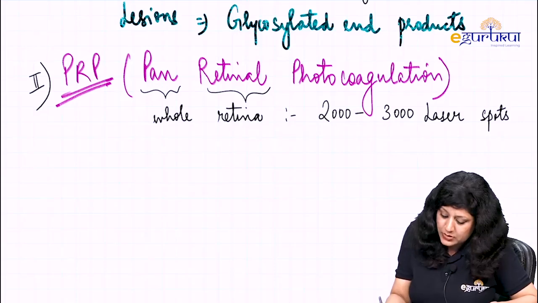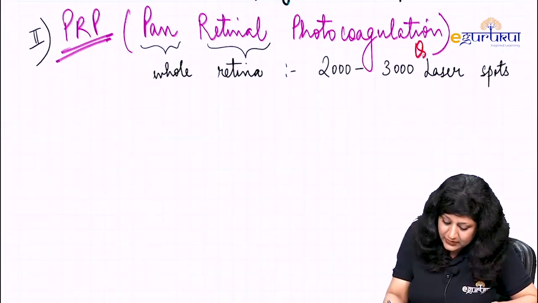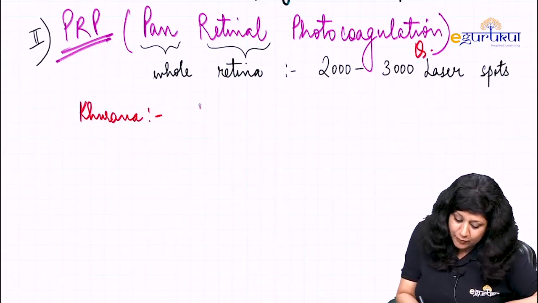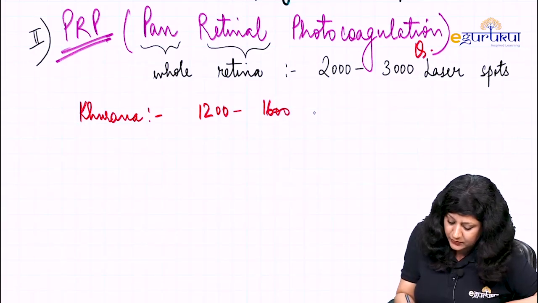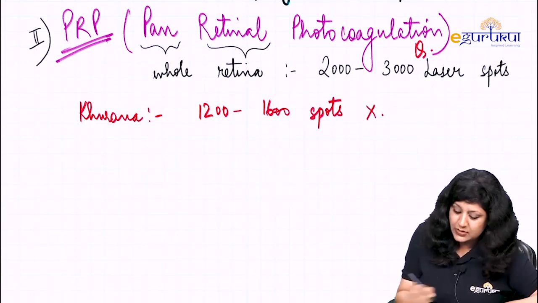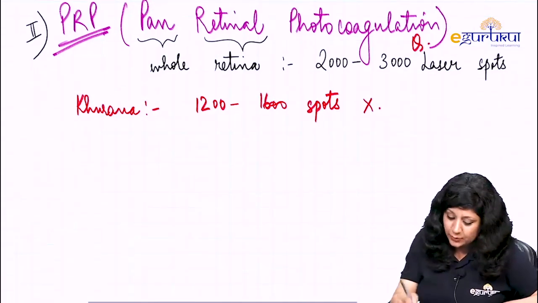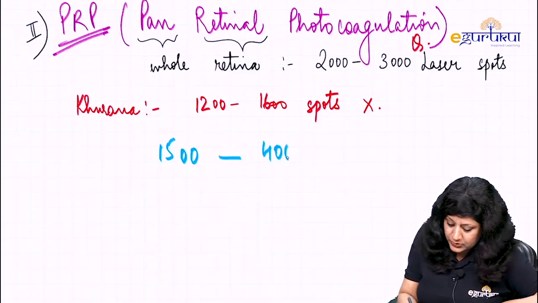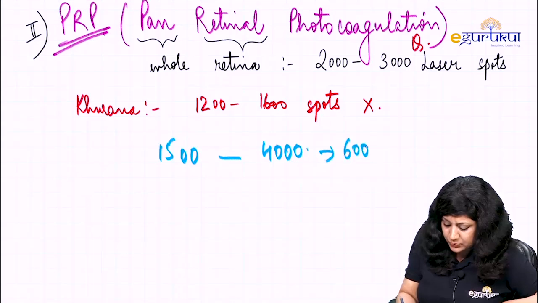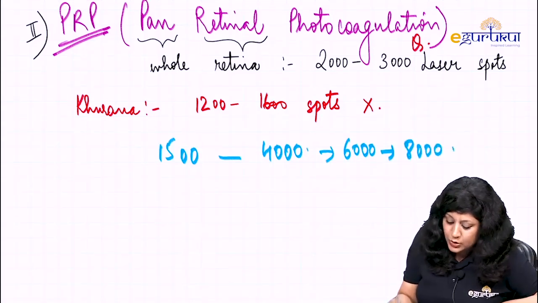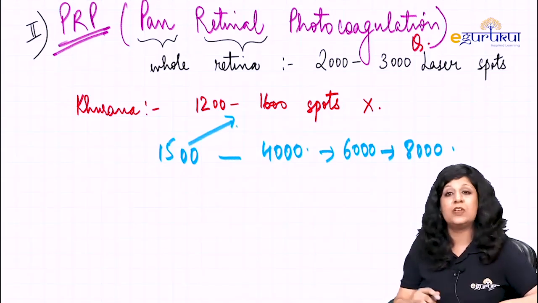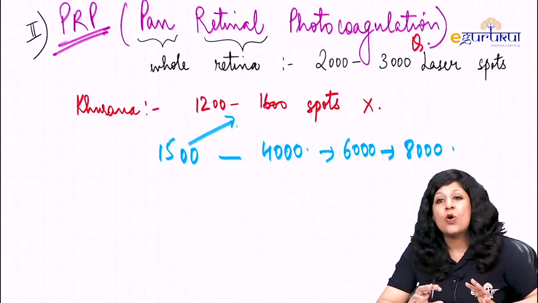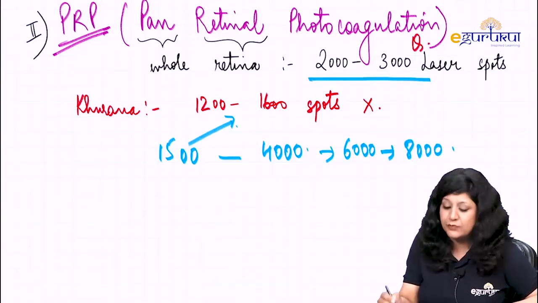Because you people tend to read Khurana, I will say one thing here. Khurana mentions 1200 to 1600 spots, which is not correct, because generally we give about 1500 to 4000 spots, sometimes even 6000 or 8000. So 1200 to 1600 is basically the starting point; anyhow you cannot cover the whole retina with these spots.